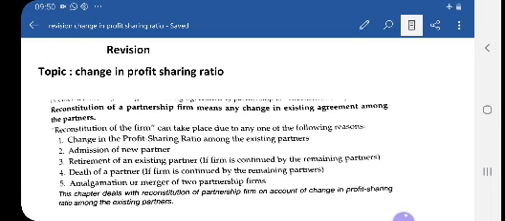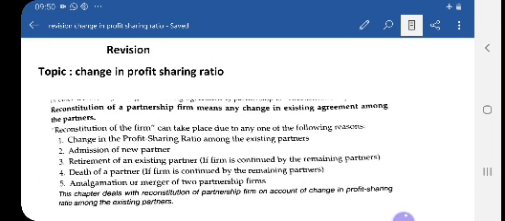And reconstitution of firm means the old firm is dissolved and a new firm emerges, that can be termed as dissolution of firm. This can also be termed as dissolution of partnership, meaning changes in the relationship between the partners.